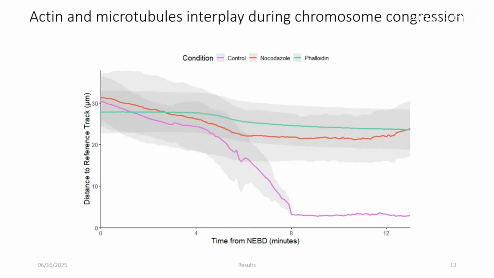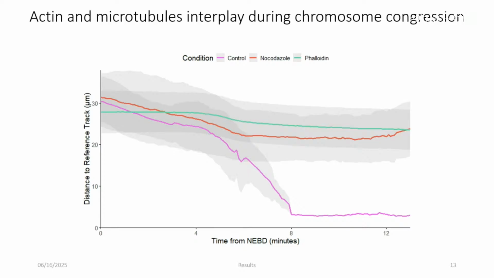To summarize, you can nicely see that in control data, right after NEBD, there is a gradual decrease in the distance, and then a rapid drop in the distance where all the chromosomes are captured and transported to the cortex. In the case of nocodazole, we also observe this gradual decrease in the distance, but there is no capture happening, so they are just transported to the cortex individually.